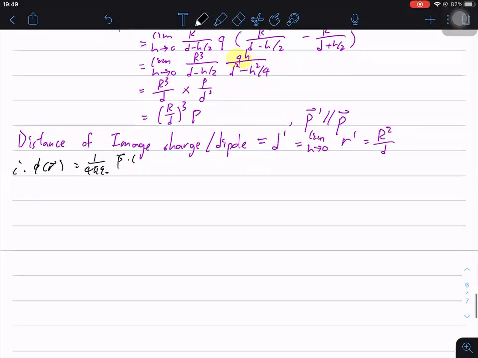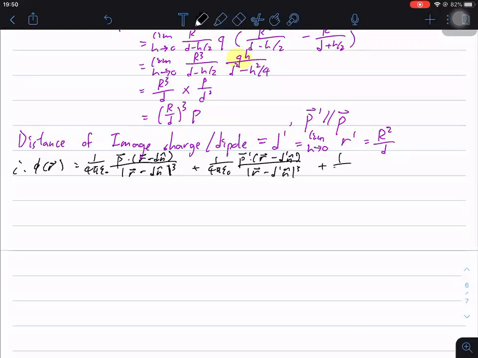The first term is the contribution of the dipole outside the sphere. So we have a similar form. And the next contribution is the image dipole, P prime. And don't forget, for 2C, we have an extra contribution from the image monopole, big Q prime.